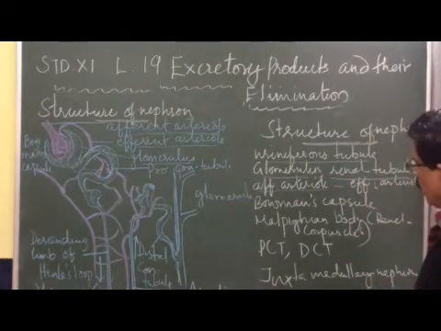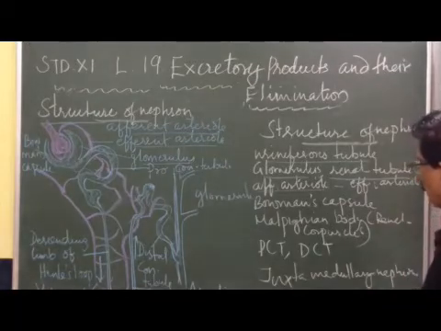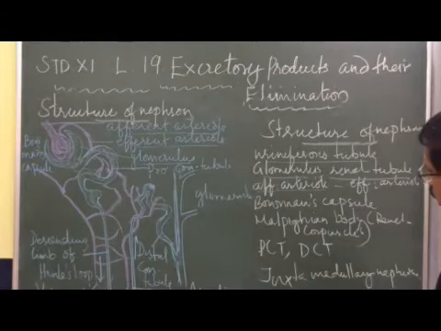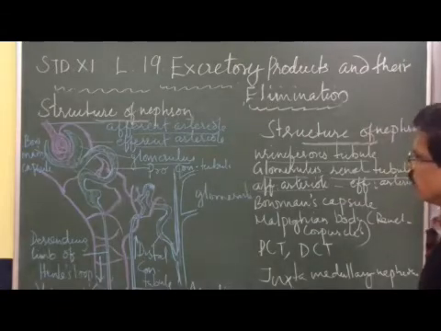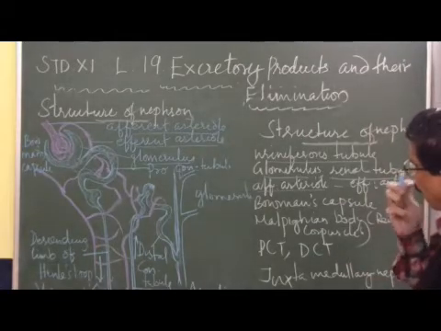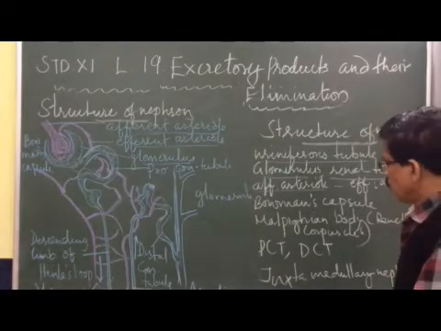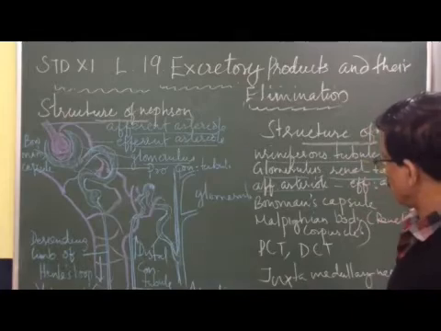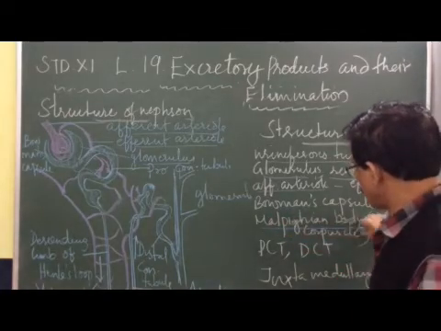Malpighian body or renal corpuscles. We can also say the cortex along with the renal tubules together form the Malpighian body or renal corpuscles.